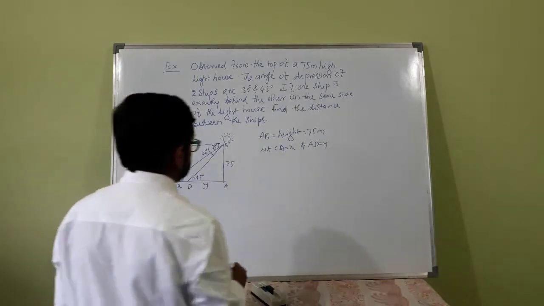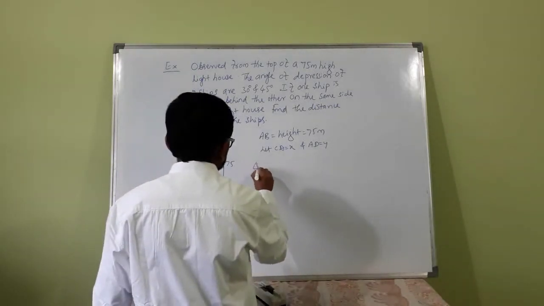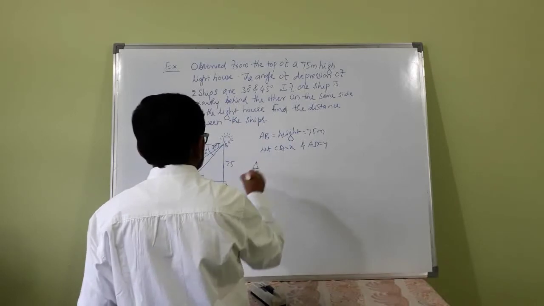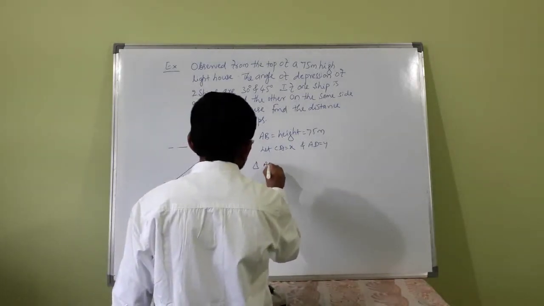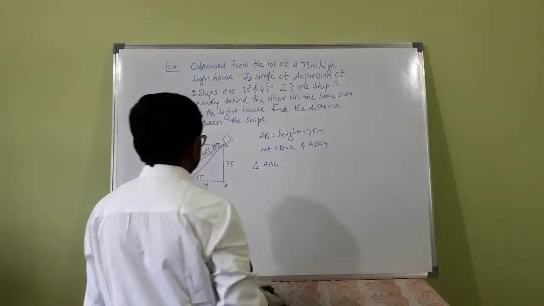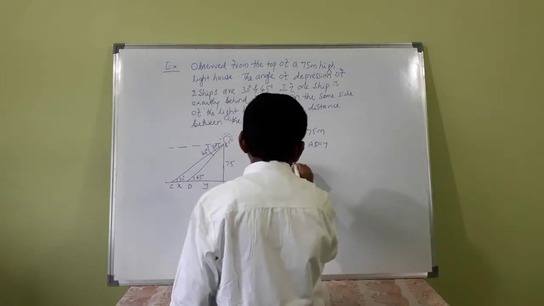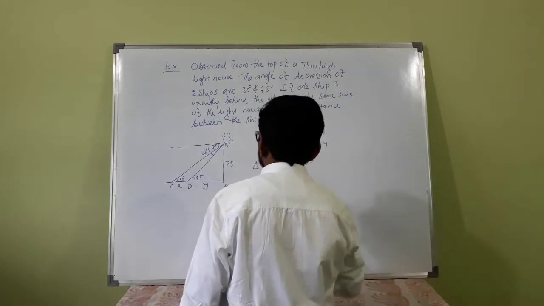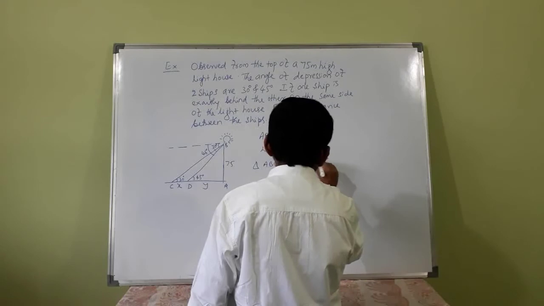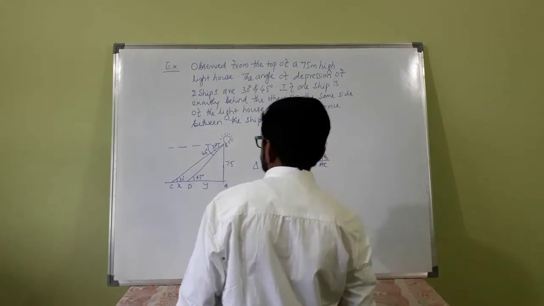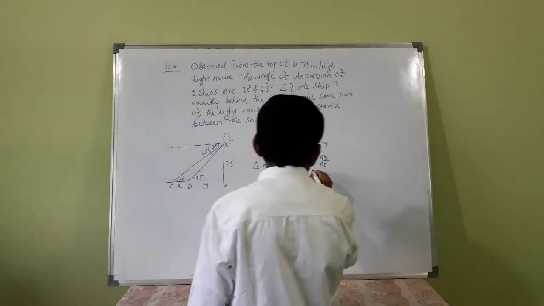Now consider the triangle ABC. In triangle ABC, tan theta is equal to AB by AC. AC is x plus y.